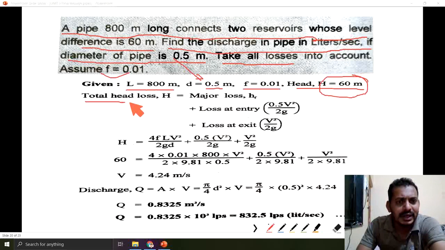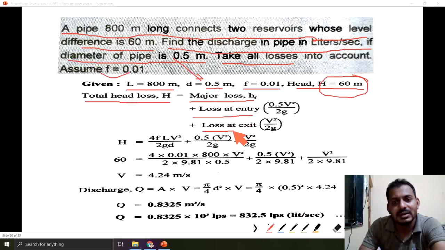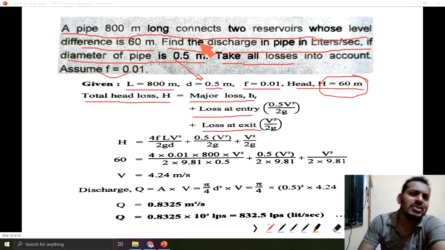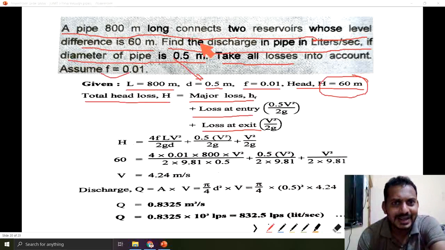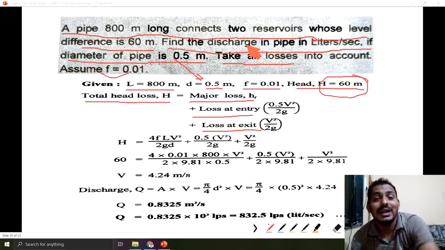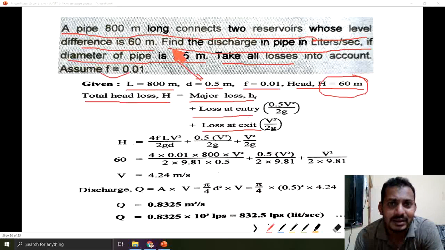Now the total head loss. The total head difference is equal to major losses plus minor losses. Here there is no sudden contraction, no enlargement, no bend written here.